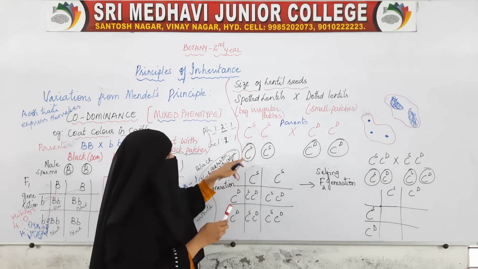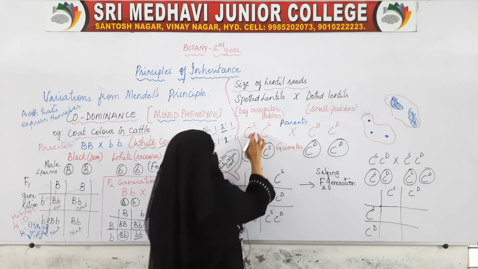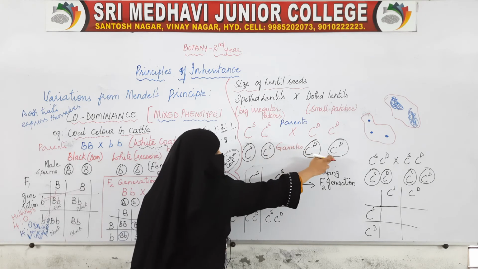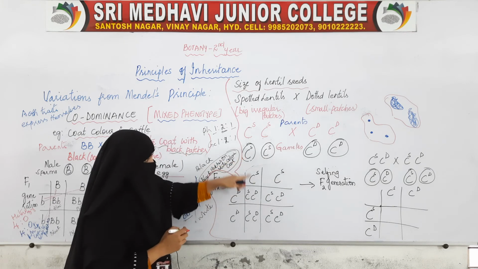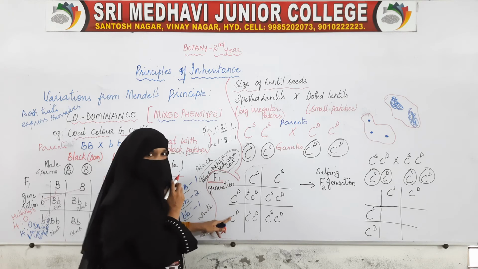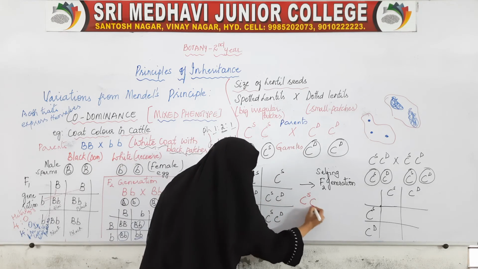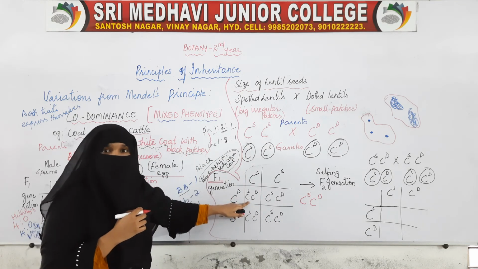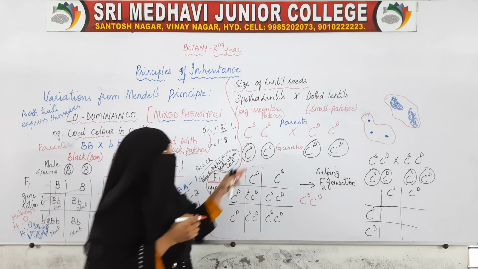So these are the gametes. This one is one gamete, this one is another gamete. When these gametes are put on one side and the other, in the F1 generation we get all four of them as CSCD. Now which one should have been expressed?